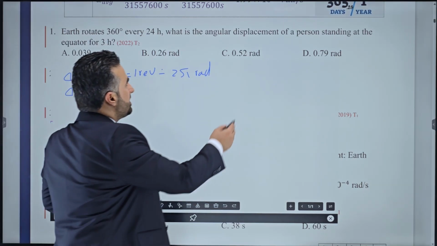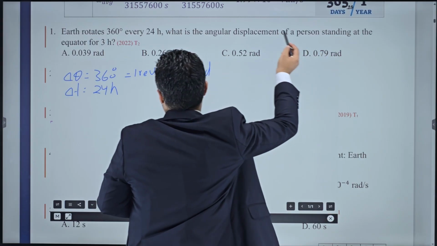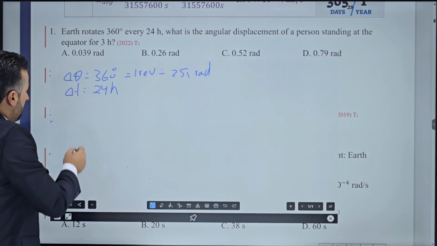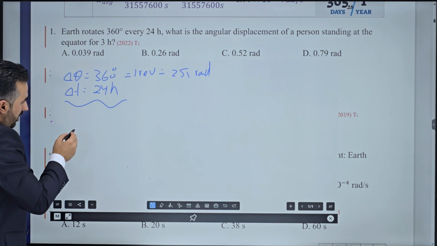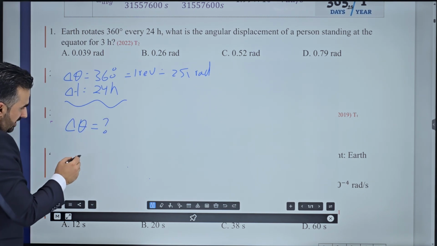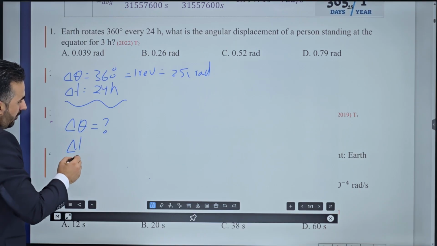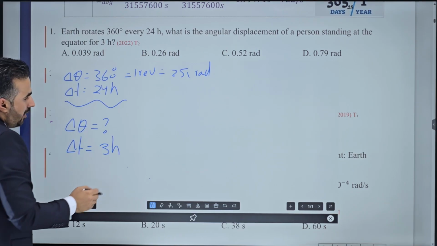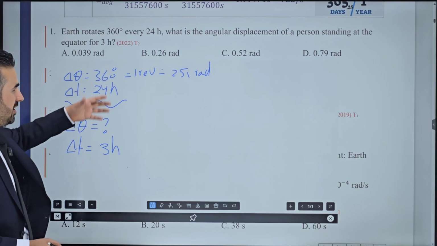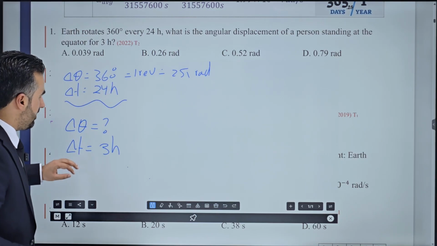What is the angular displacement of a person standing on the equator for only 3 hours? Remember the question says, what is the angular displacement, delta theta, for a person standing there for 3 hours? That means delta t is 3 hours. Now we do know that delta theta and delta t are given here. You might say, what about this one? I'll tell you about this one in a second.